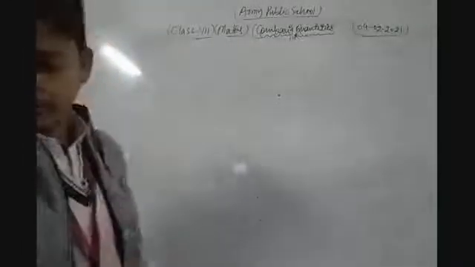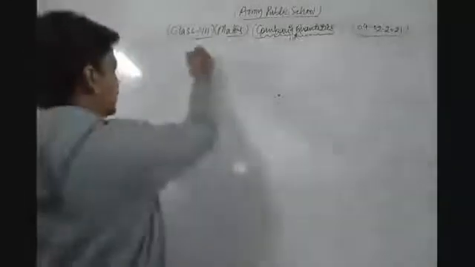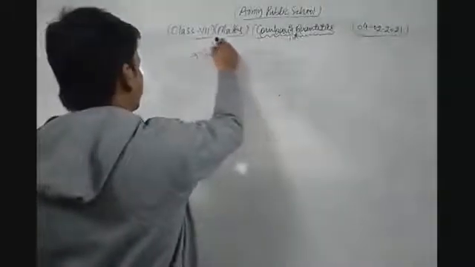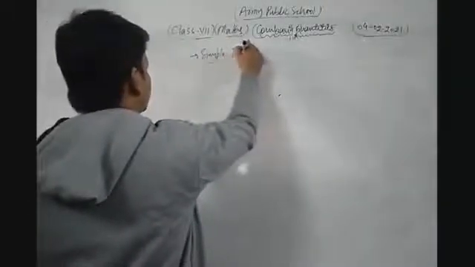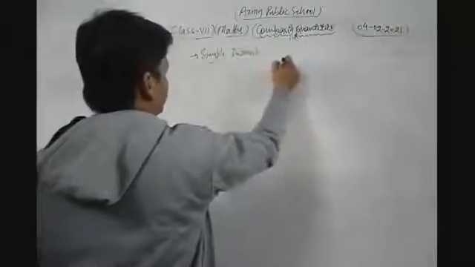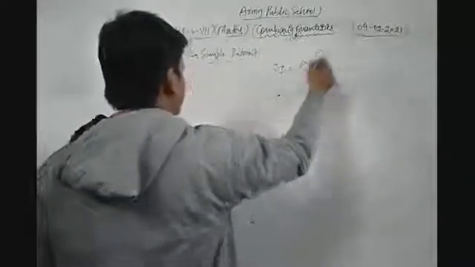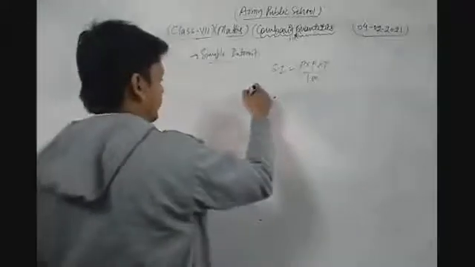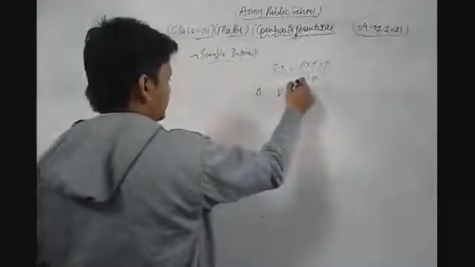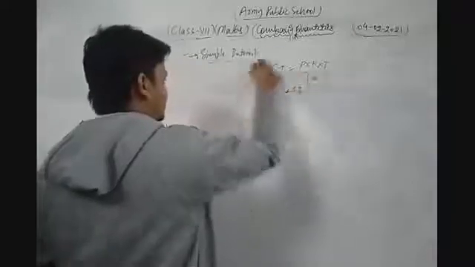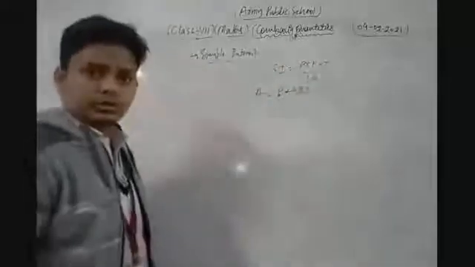Dear students, very important question based on simple interest. You know that the formula for the simple interest is P into R into T upon 100. And the second formula, for amount, is principal plus simple interest. There are two important formulas related to that chapter.